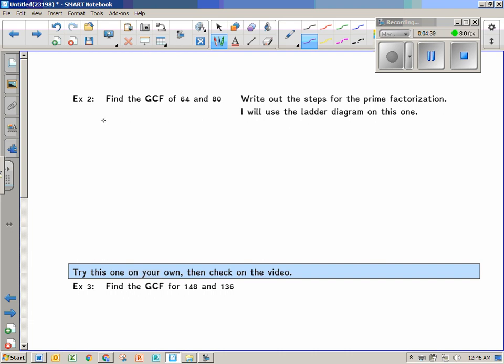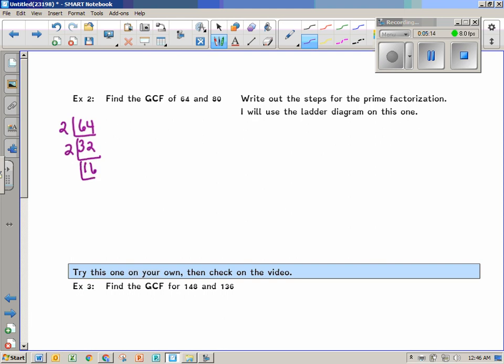We'll do this one, and I'm just going to use the ladder diagram instead of the factor tree for the prime factorization. So I've got 64. And remember, I have to come up with a prime number that goes into 64. So I'm going to use 2. That goes 32 times. And again, I have to come up with another prime number. Well, that's 2.